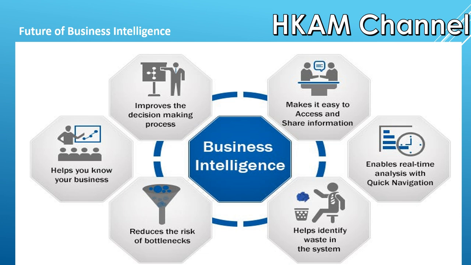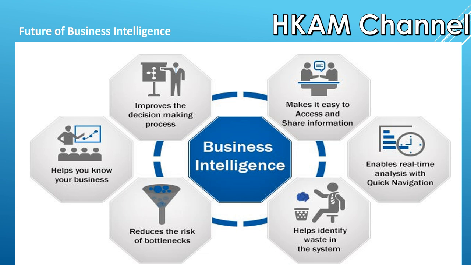A few more important advantages of a business intelligence tool: it improves the decision-making process, helping decide how to improve the business, and it also makes it easy to access and share information. If they want to share information with the help of visualization, it is easy to understand how the business is running.